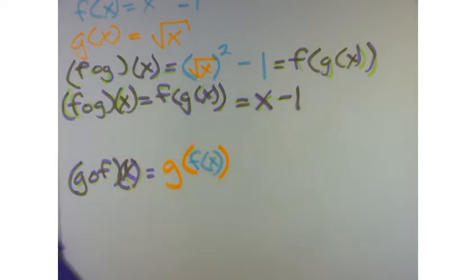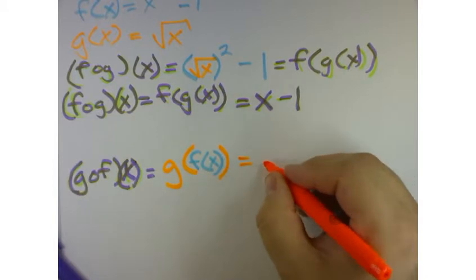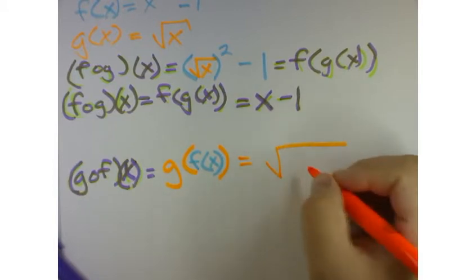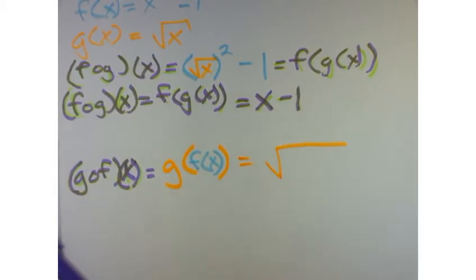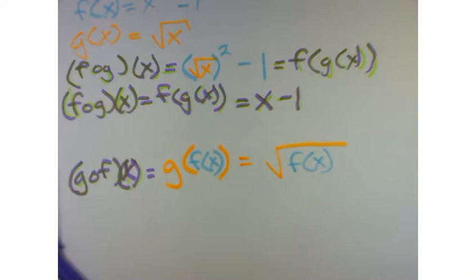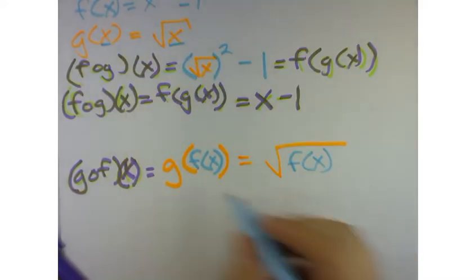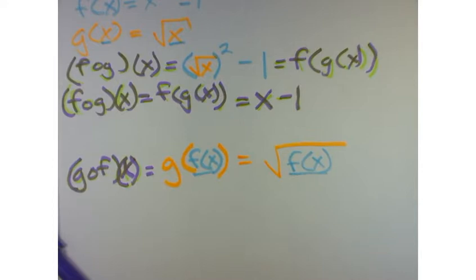Well, what's g of x? Well, g of x is the square root of something. Well, what is the something we're going to plug in? f of x. So what I've done is I've taken just this portion here, wherever there's an x, and I've plugged in f of x. Do you guys see what I've done?